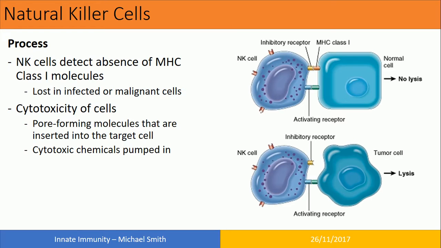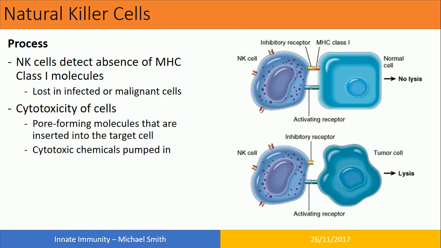And our natural killer cells have two different types of receptor on their surface. They've got an activating receptor, which binds to an antigen, and then you also have the inhibitory receptor. And this normally will bind to MHC class 1, and if it sees that, it will recognize the cell as being part of its own body and will leave it alone.